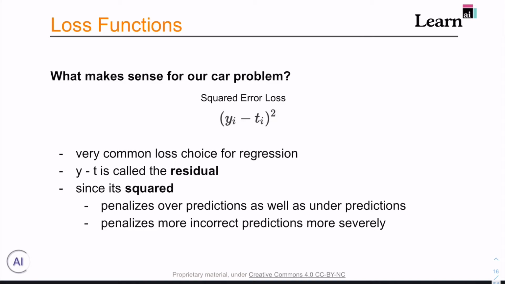If something's above the line, something below the line, they're both treated the same amount of wrong, if they're the same distance away. It's really a measure of distance. Additionally, since it's squared, it punishes more incorrect predictions more severely, right? So instead of using absolute value, which would be a linear punishment scale, we're punishing things on a quadratic scale.